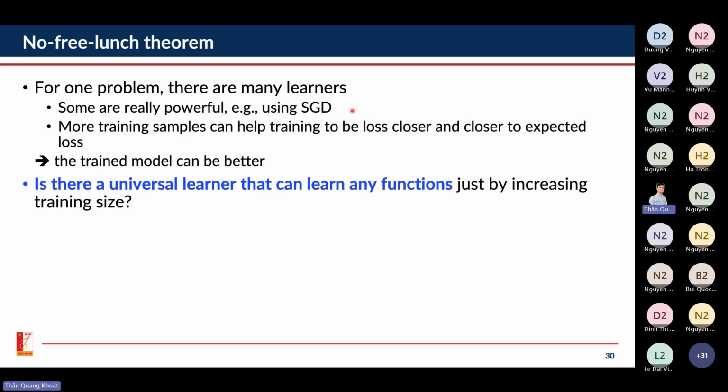But one question is, are there any learners that can learn any function just by increasing the number of samples? Because we have this property in practice, right? So a natural question is, can we solve any learning problem just by increasing the number of training samples?